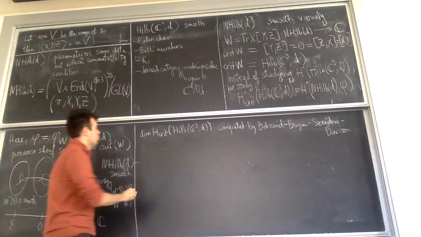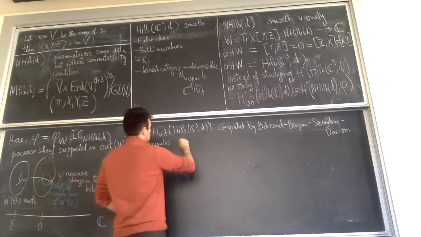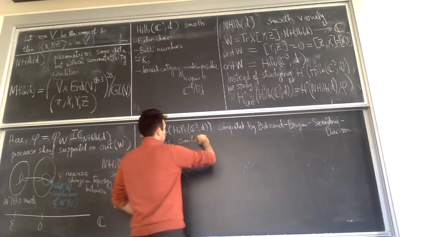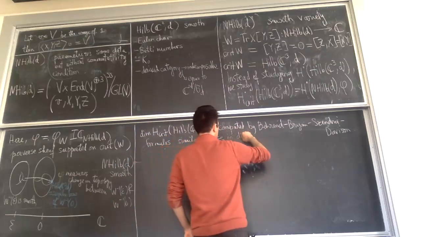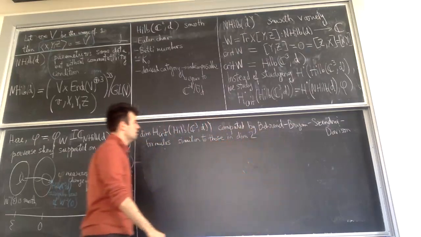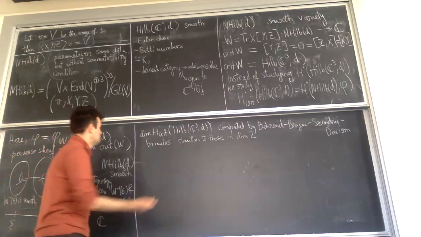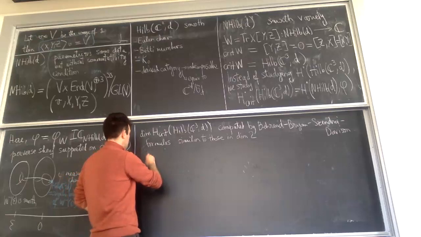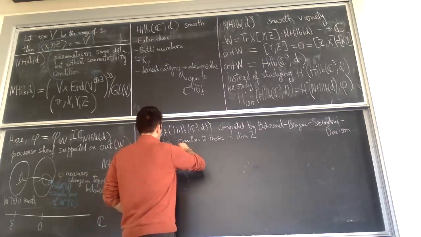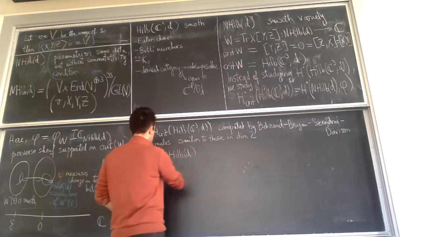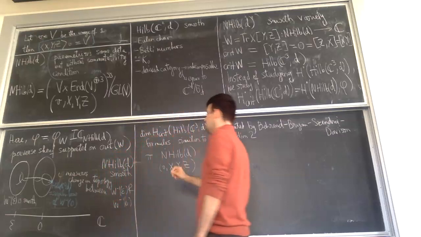And one obtains formulas similar to those in dimension 2. So one way to understand these formulas is to look at the following map. So there is a projection map from N hilb D. So again, this was parameterizing tuples V.